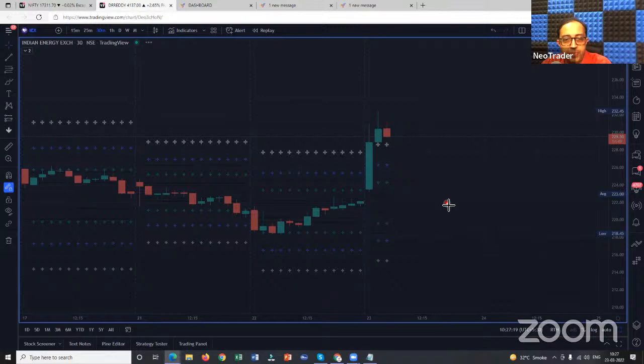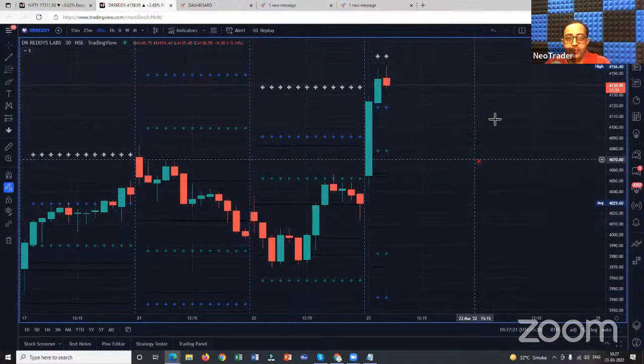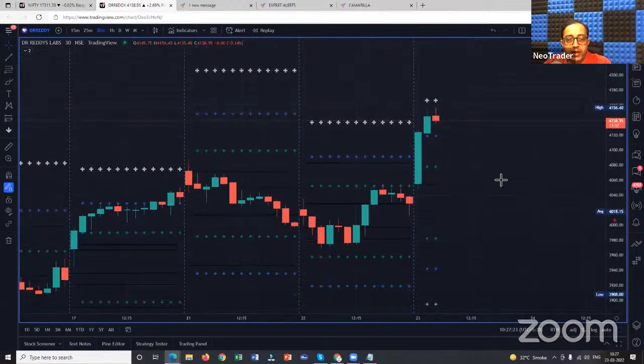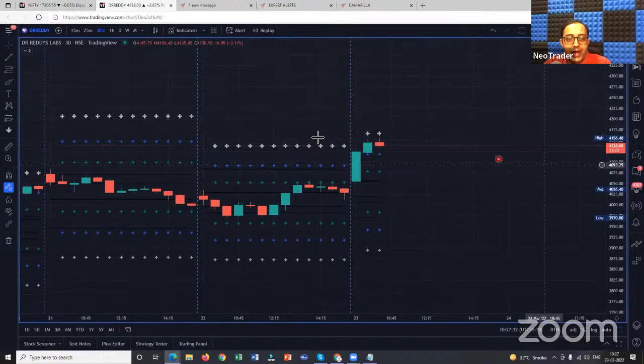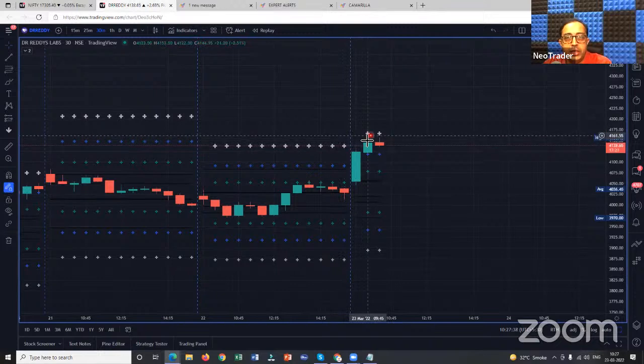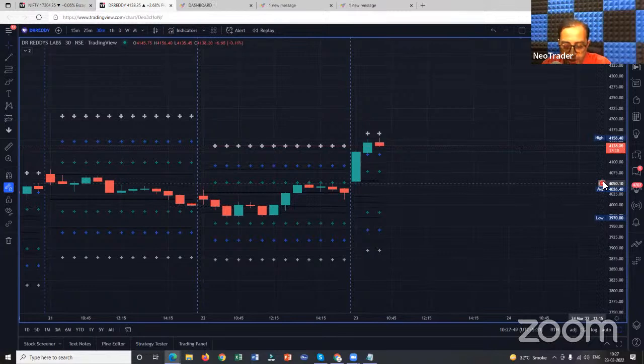You can see here that this has moved up. So now those who are looking to enter Dr. Reddy should wait for a move above H6, because right now, if you're going to enter Dr. Reddy, you are entering a profit booking zone. That's the whole idea. If it has already reached H6, then it's not a good time to enter the trade.